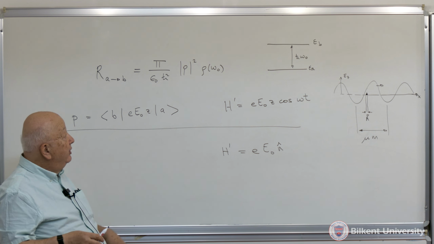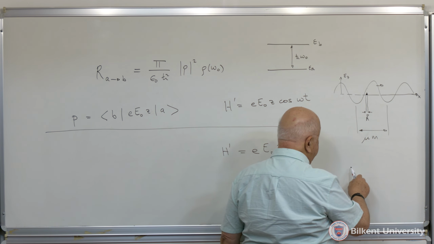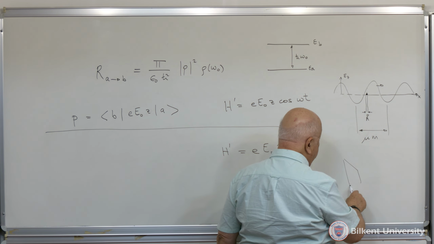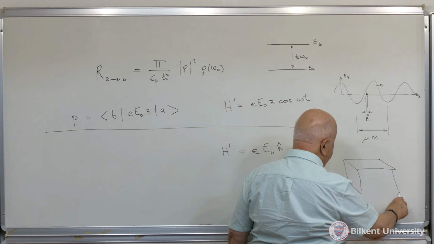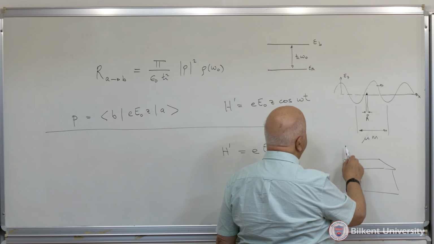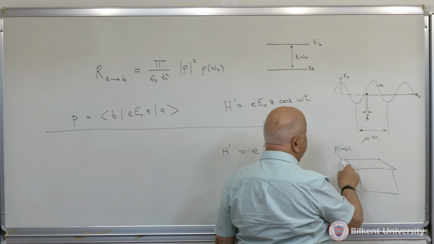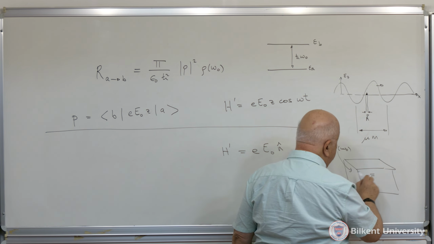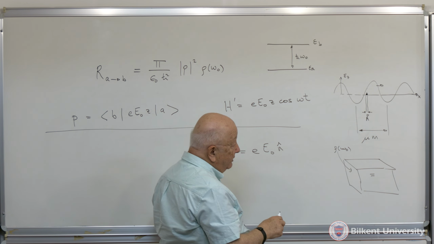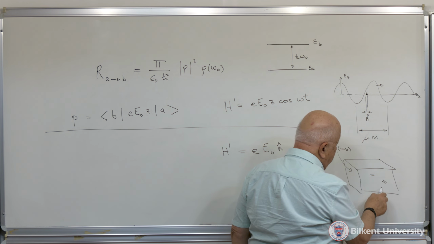So in fact, the problem that we are discussing is we are going to put this object, the atom, in a box, or some surrounding in which we have this energy density, rho omega 0. And inside this box, I have this atom aligned in some arbitrary position.